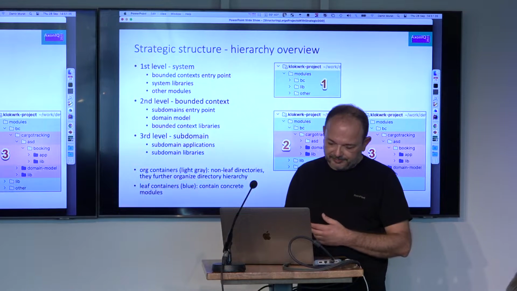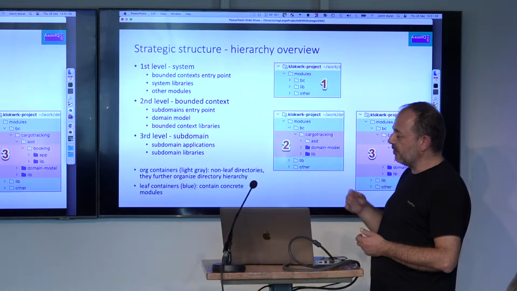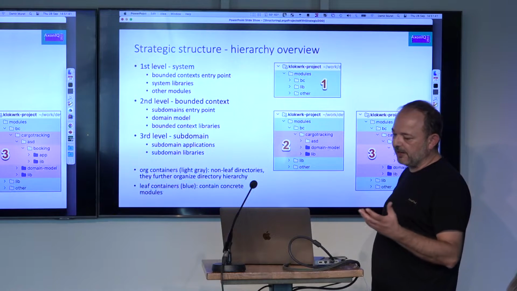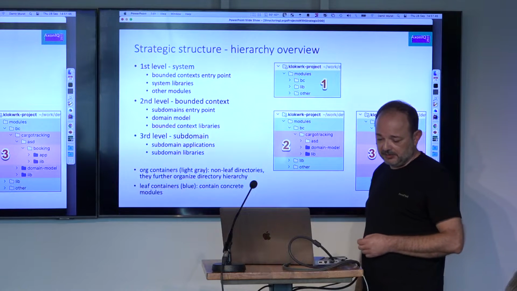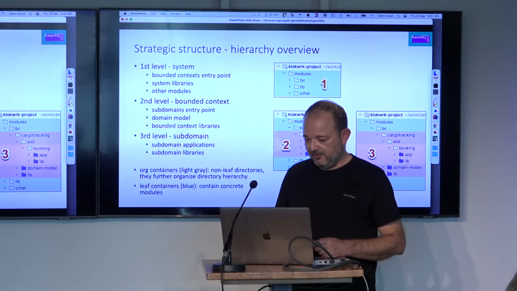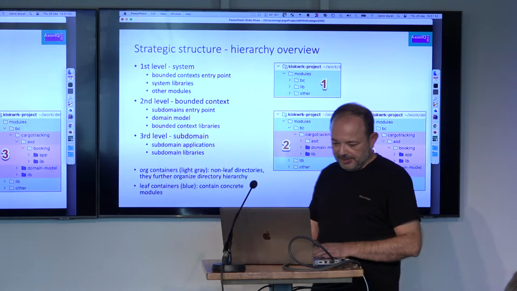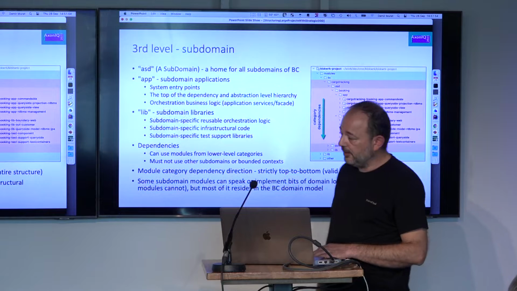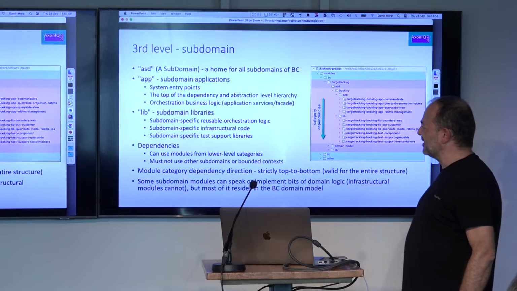At the third level, for each subdomain inside of its corresponding bounded context, we will again have a separate directory, and each of those will be further divided into APP and lib, where APP stands for subdomain applications and lib for subdomain libraries. So subdomain applications are your system entry points.